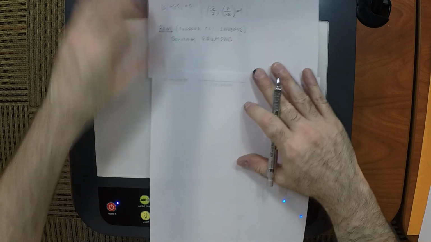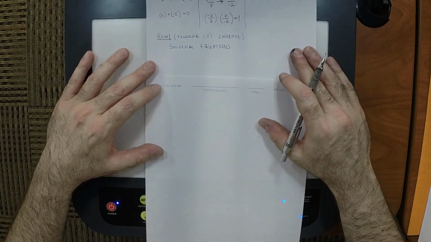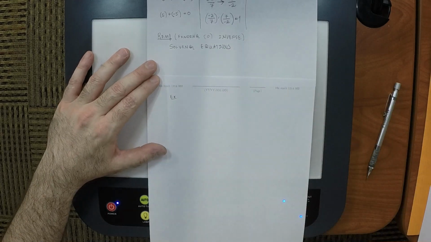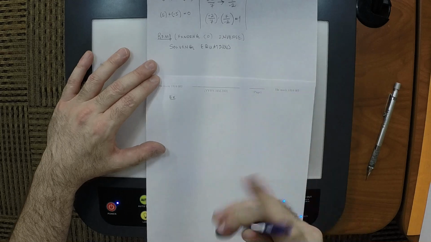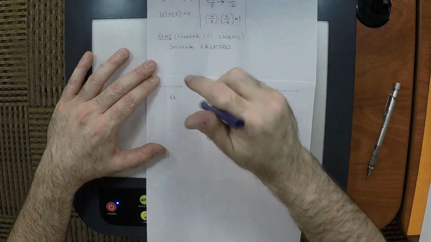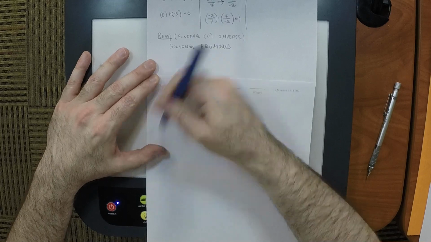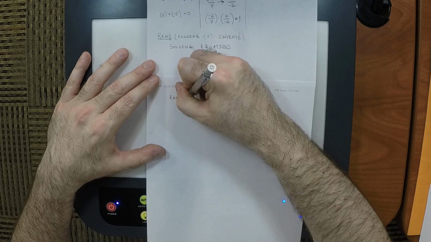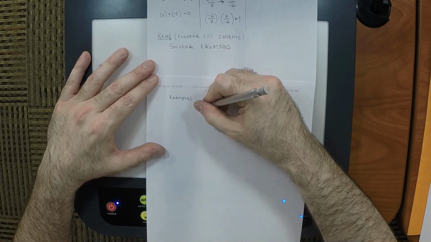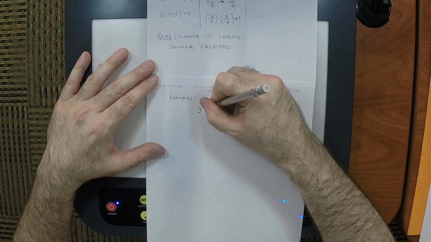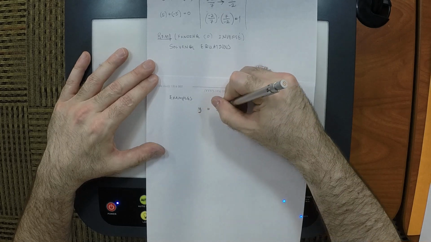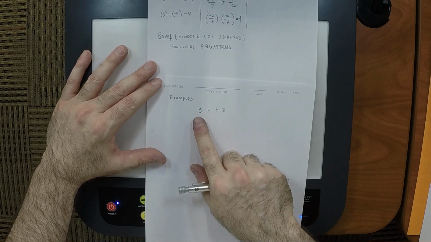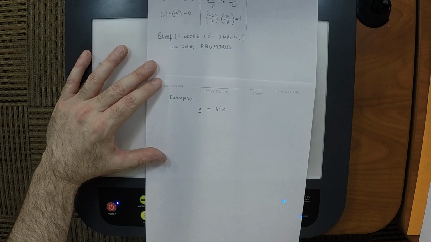I'm going to start a new page. So, for example, here's an equation: y is equal to 3x. Currently, y is solved for and x is not solved for.